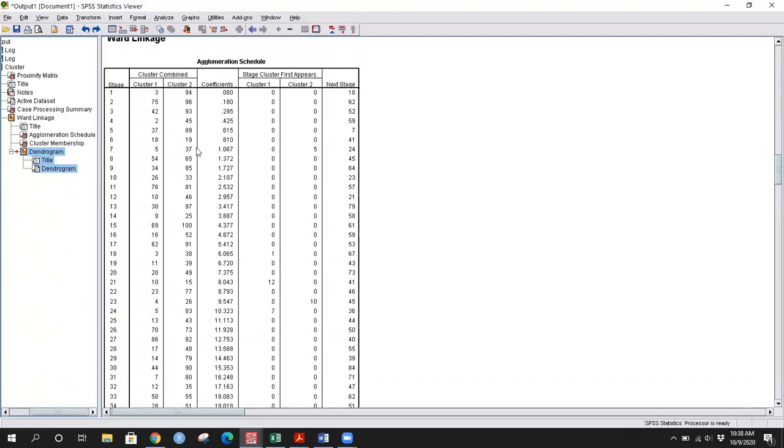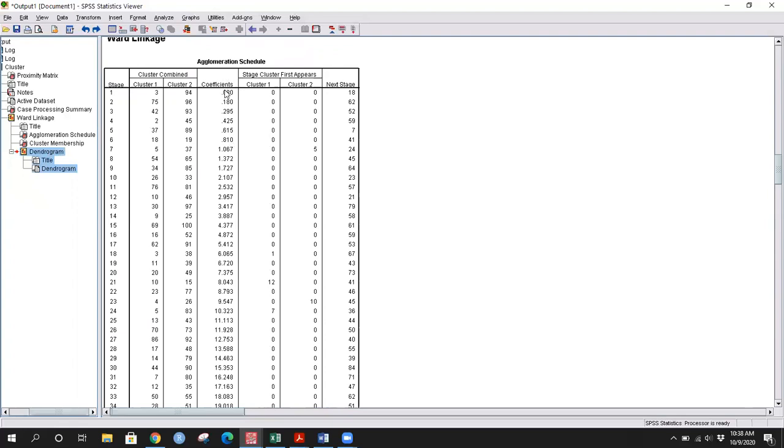Now let's look at the coefficient column. Recall, I taught you in the last lecture that clusters are being formed on the basis of a dissimilarity or a similarity measure. And this coefficient is a dissimilarity measure or a distance measure.